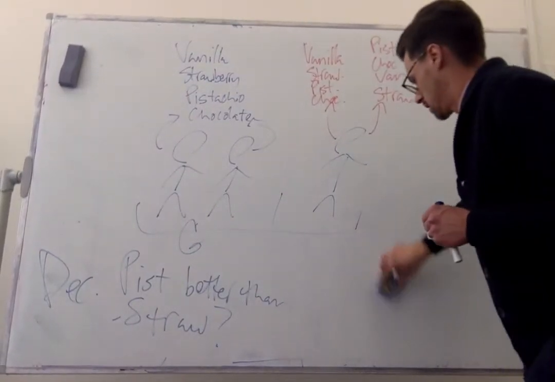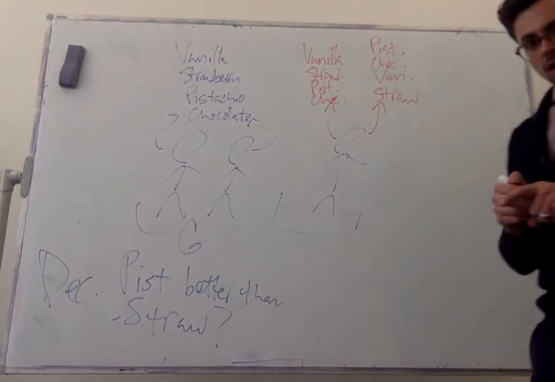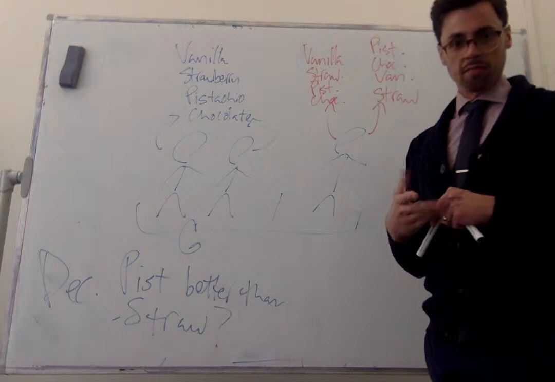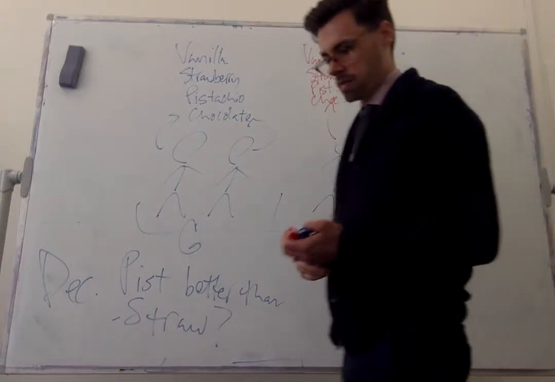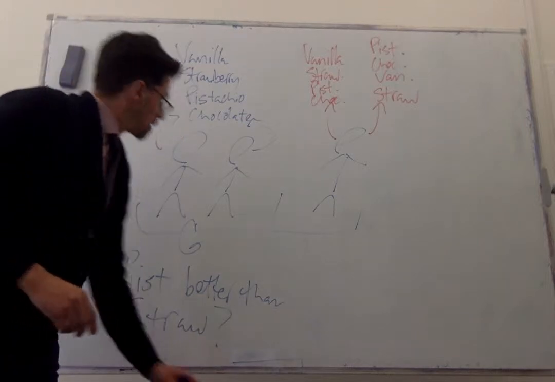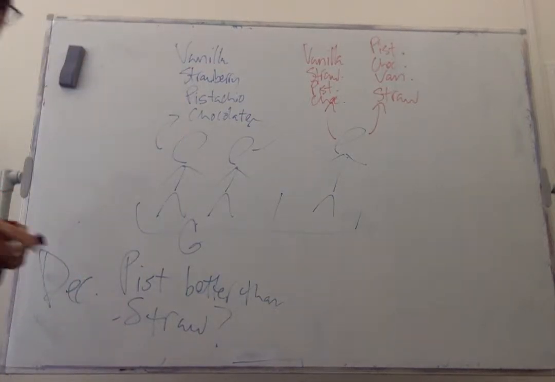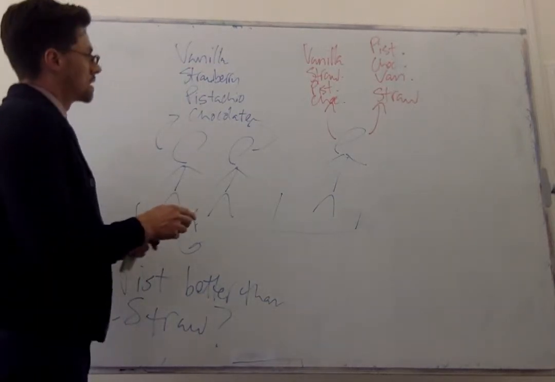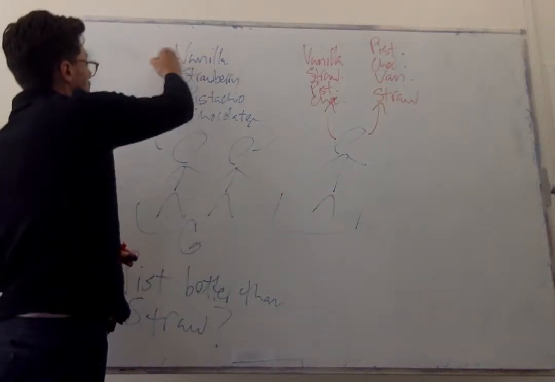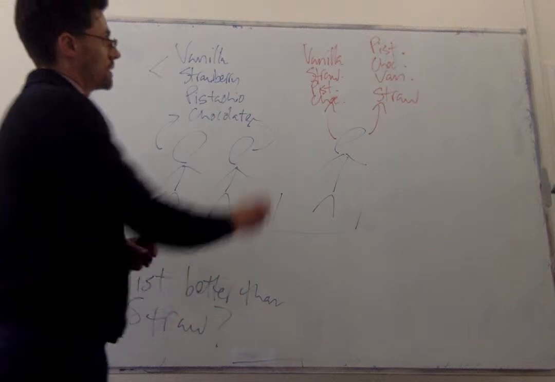Now, we're going to use first the Pareto principle to deduce some facts about what the group preferences must look like. So the first thing I want you to notice is that everybody in the whole population likes vanilla better than strawberry.